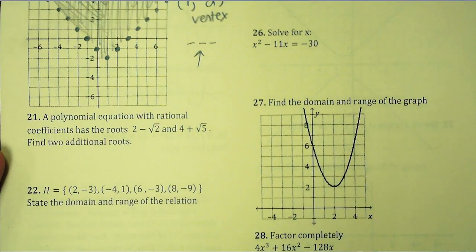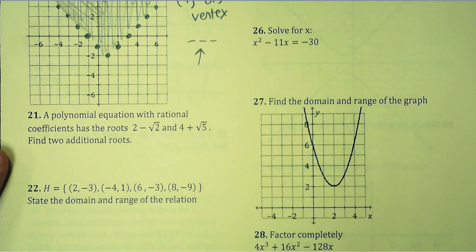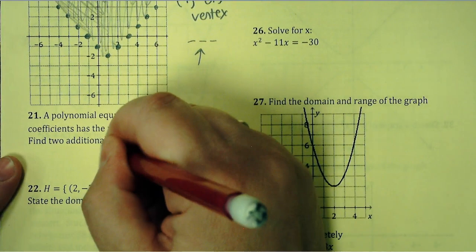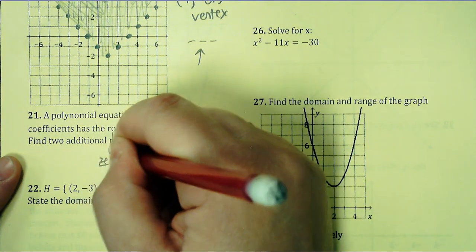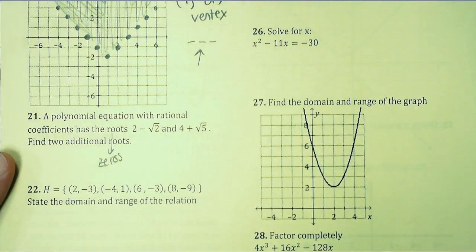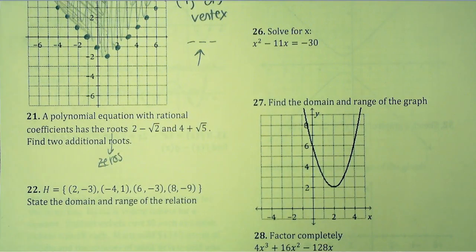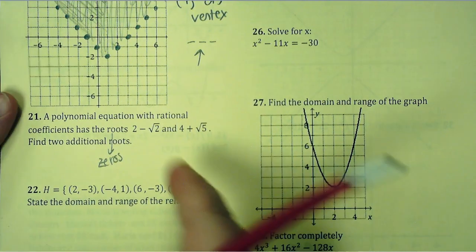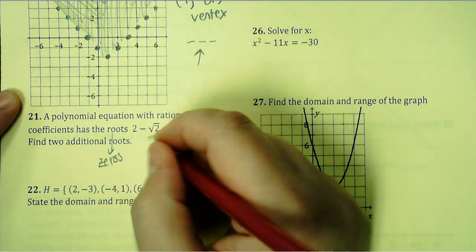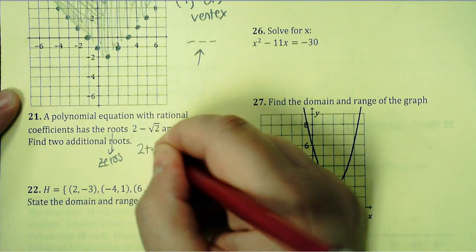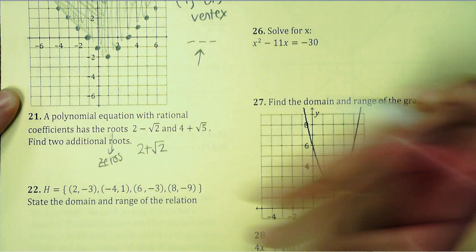Polynomial equation with rational coefficients has roots. Roots is another word for zeros or answers, depending on how your teacher may have talked about that. So these are answers to a polynomial equation. Find 2 additional roots. All you have to do here is write down the conjugates. If 2 minus radical 2 is a root, 2 plus radical 2 is automatically also a root.